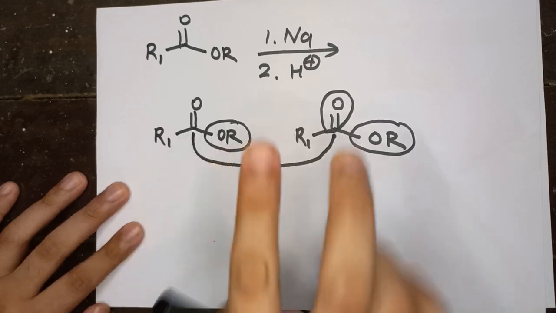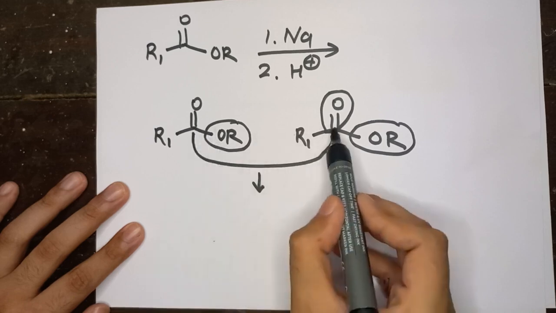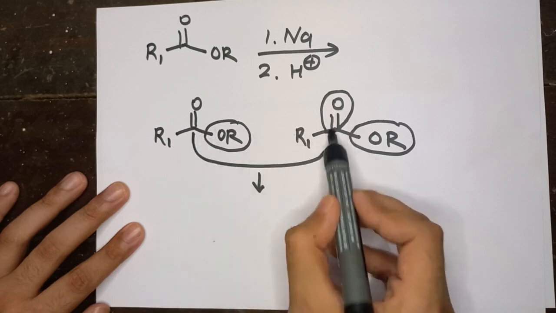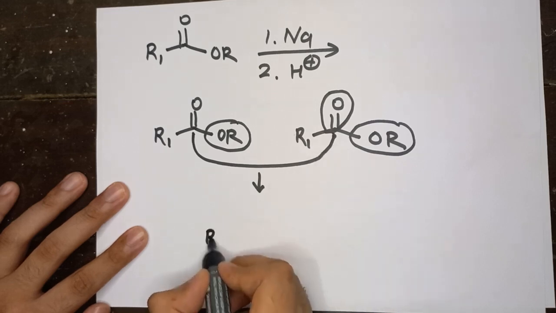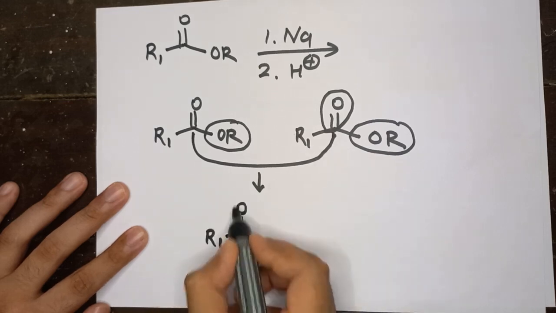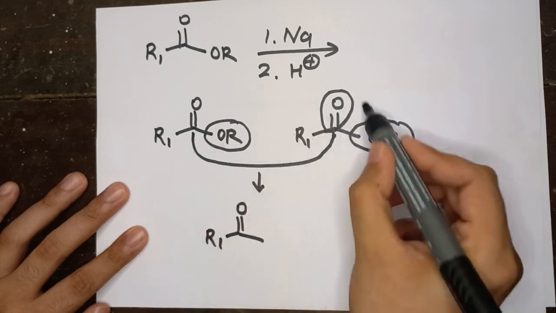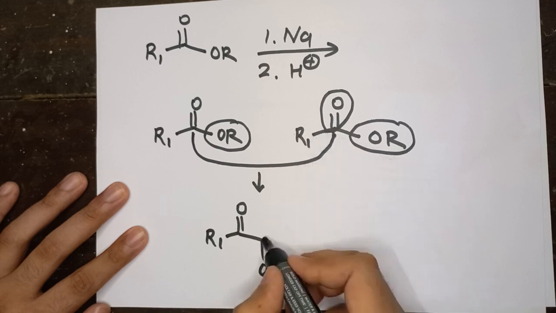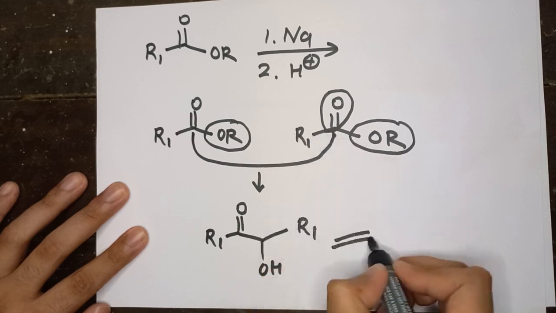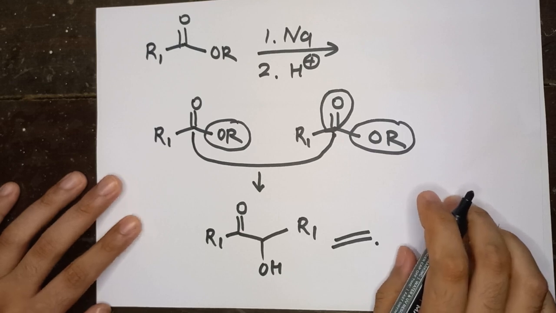I need to ignore these 2 alkoxy groups, connect this carbonyl with this carbonyl and convert this C double bond O into OH. Okay, so I'm connecting this with this, and this carbonyl is now OH, and it is connected to R1. So this is how you can immediately form the product of any reaction.